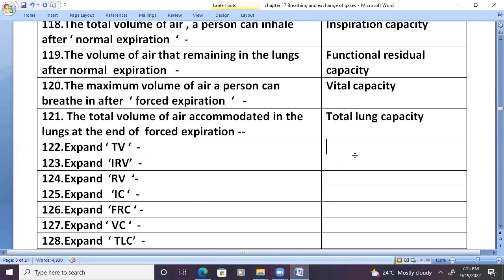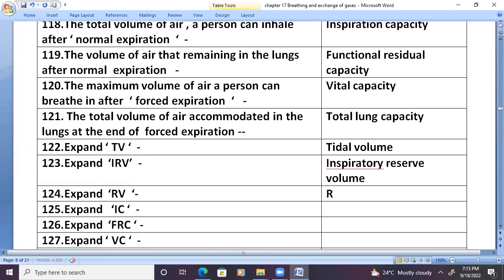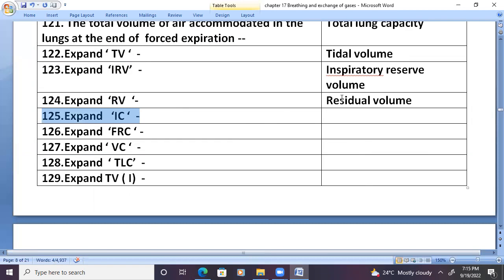Okay, then let's start the expansions. TV, that means tidal volume. IRV, inspiratory reserve volume. RV is nothing but residual volume. IC, inspiration capacity.